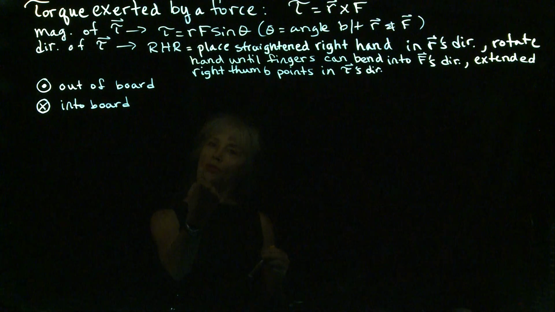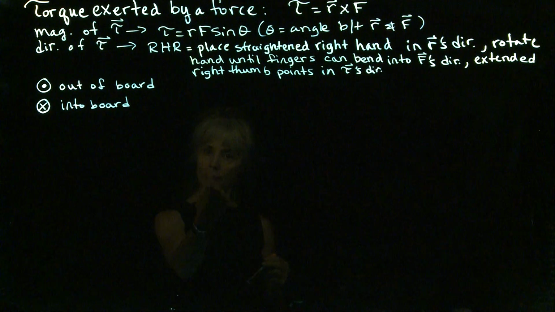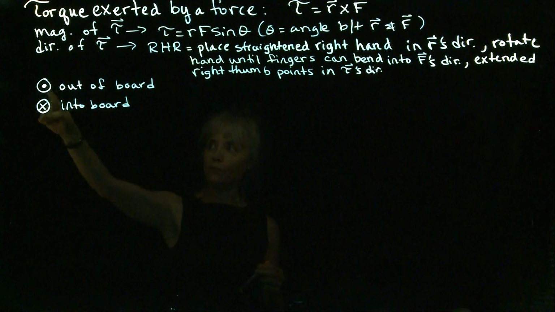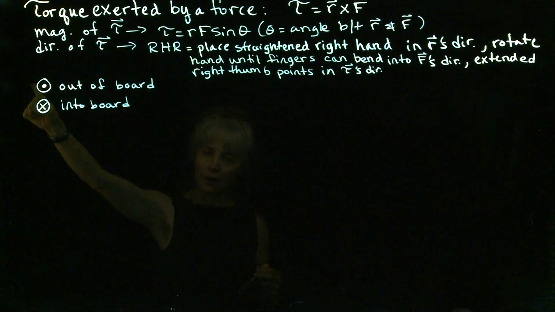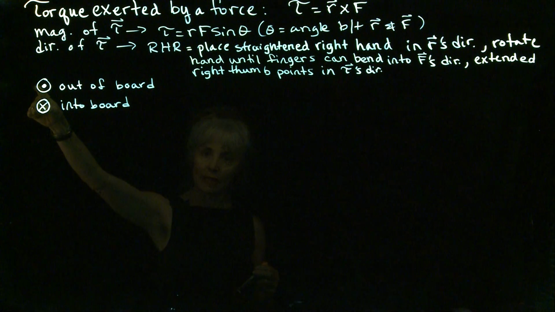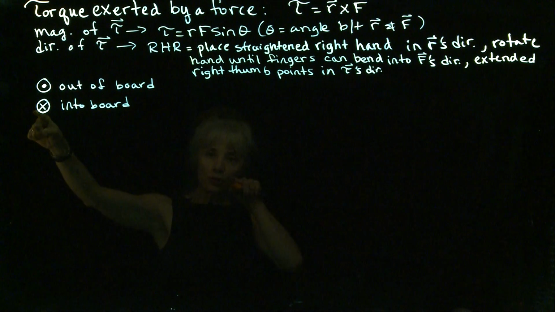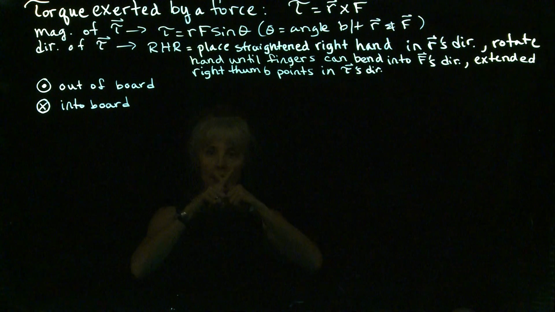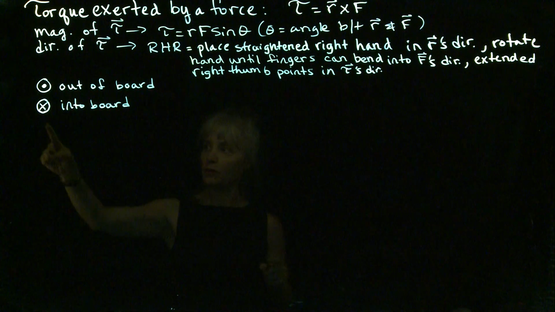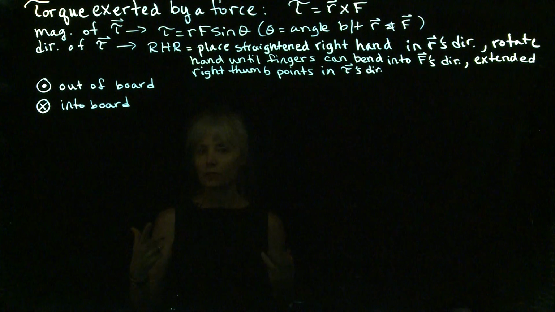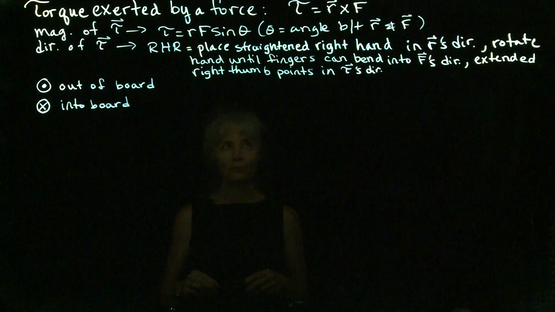If an arrow is moving toward you, coming out of the board, you see the tip of the arrow moving toward you, and that's why we use a circle with a dot to emulate that. If instead you see an arrow moving away from you, then you see the crosshairs in the back of the arrow moving away, and so you see this X. So that's where those two symbols come from.